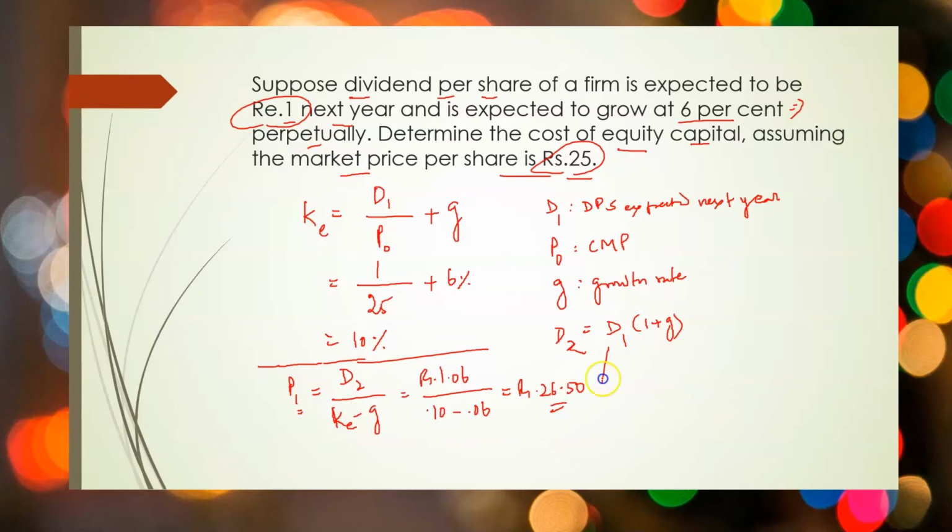Similarly, for the second year, you can do again P2, nothing but D3 divided by KE minus G. As usual, it is going to be 1.06 into 1.06 divided by 10% minus 6%.